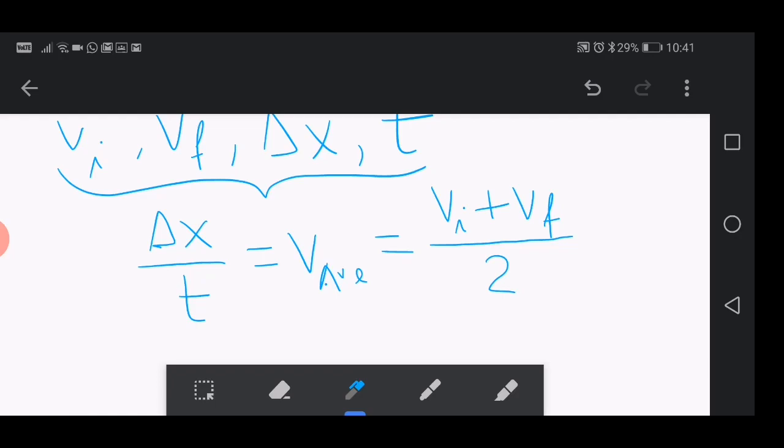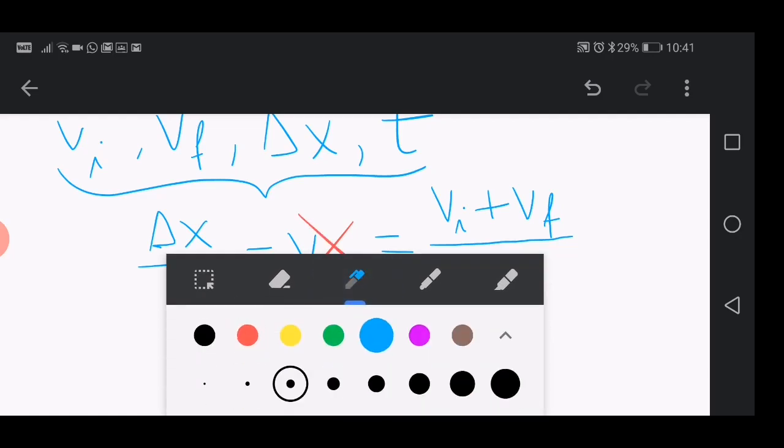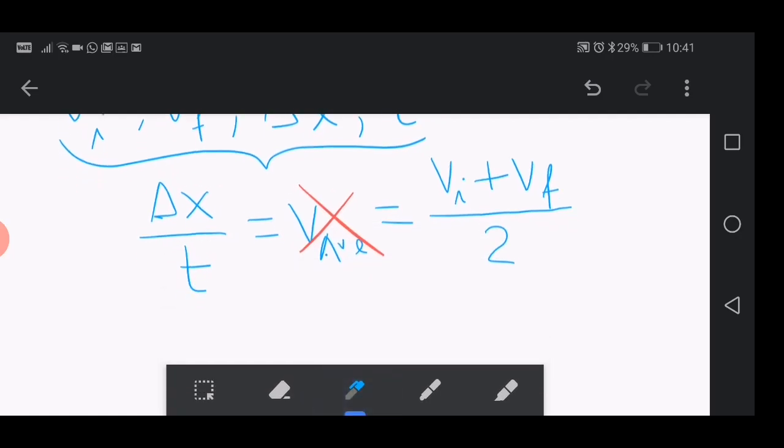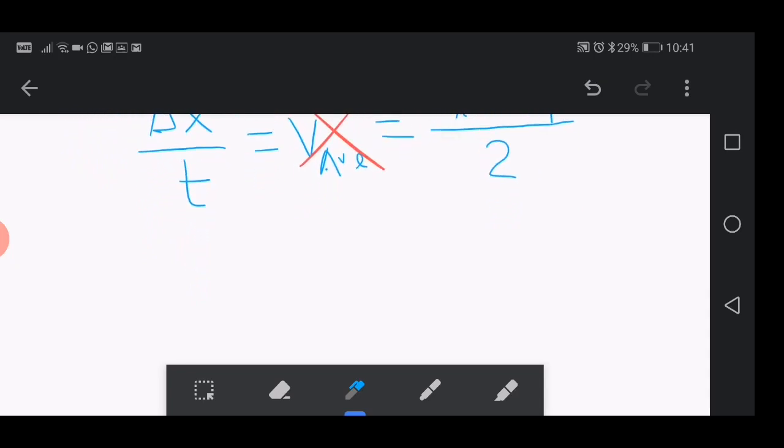So the idea goes like this: what if we skip this middle guy? What if we want only to discuss the relationship between the other 4 variables?